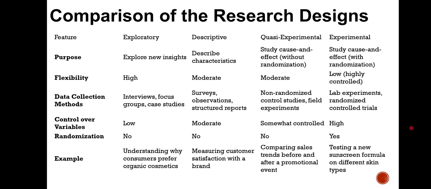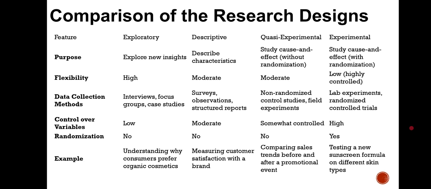Okay, so in case of control over variables, in case of exploratory, there is low control over variables, and in case of descriptive, control over variables is moderate. In case of quasi experimental, control over variables is somewhat controlled, and in case of experimental, control over variables is very high.